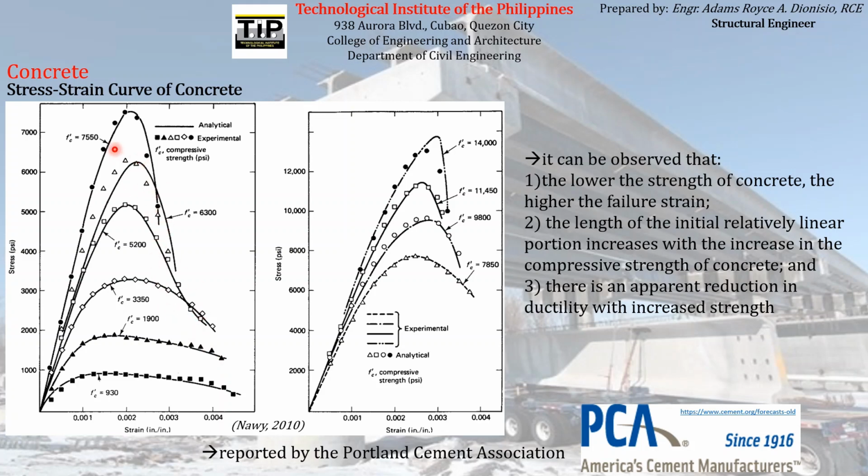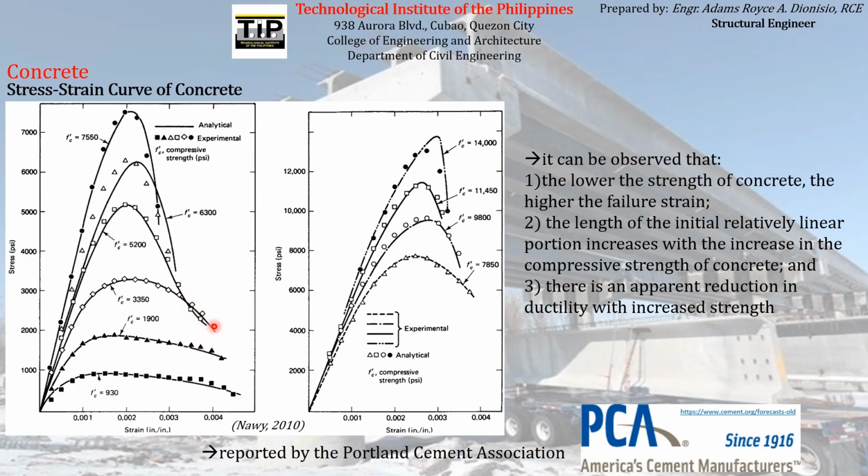If the f'c is 7,550, the endpoint of the stress-strain curve is here, meaning its failure strain is somewhere on this point. For 6,300 f'c, which is lower than 7,550, the failure strain is here. For 5,200, the failure strain is here.